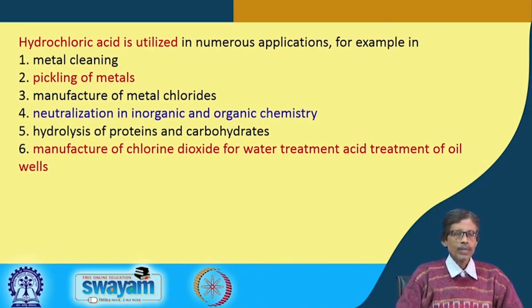So first of all is the cleaning of the metal surface. We all know that most metal surfaces, iron or any other, are covered with oxide formed from the reaction with air, or sometimes sulfide formation, or carbonate formation through the reaction with the carbon dioxide of the air.